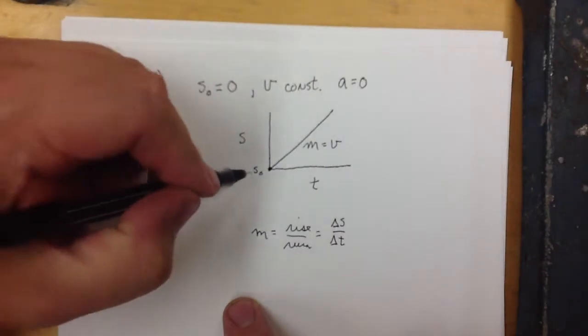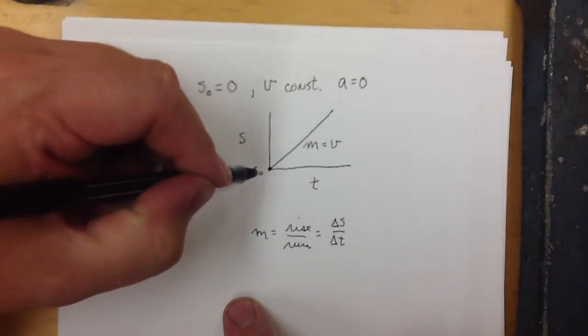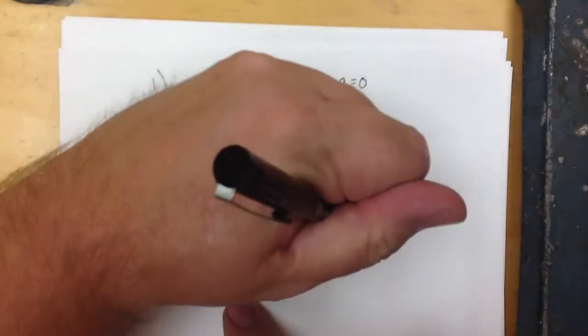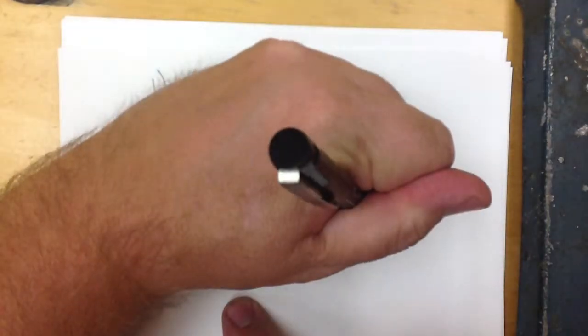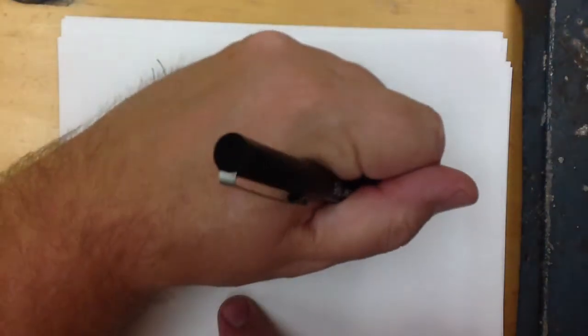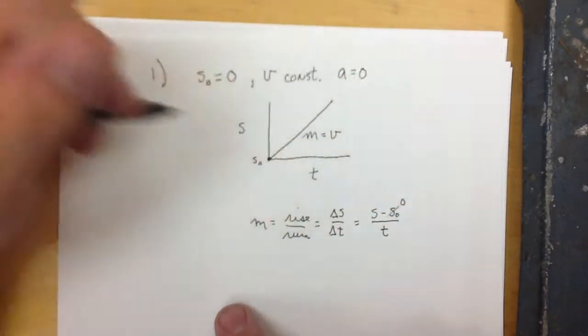Both our initial position and our starting time are 0, so this translates into S minus S sub 0 divided by time, and S sub 0 is equal to 0.